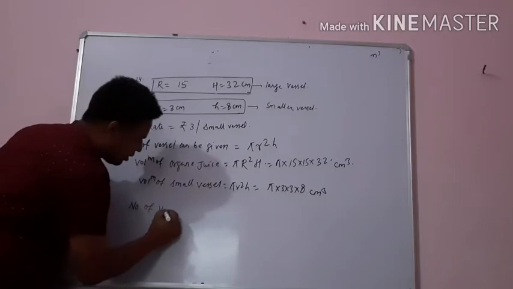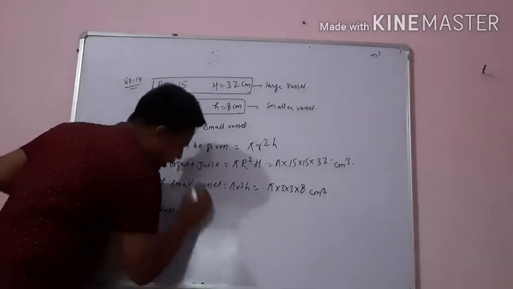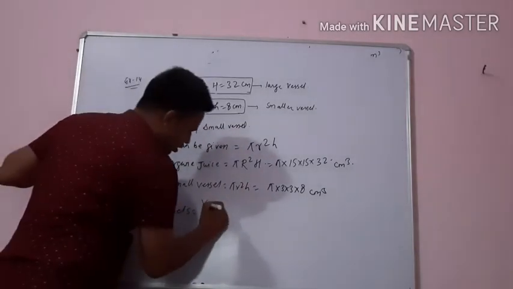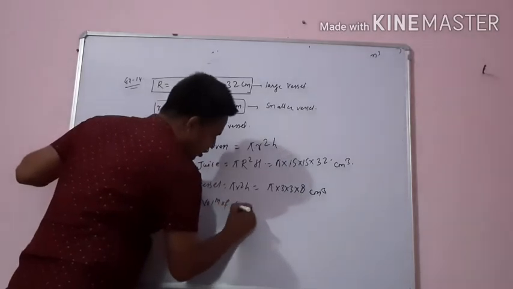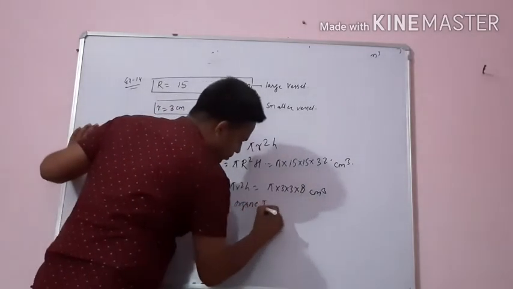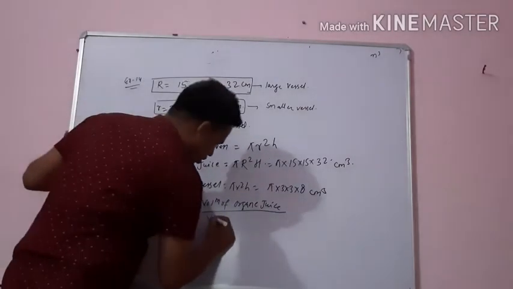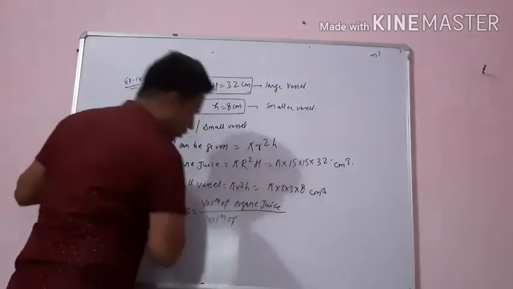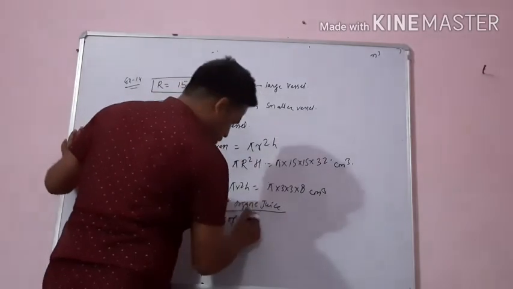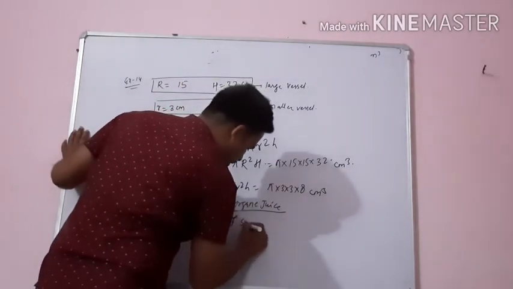Number of vessels will be equal to volume of orange juice upon volume of a small vessel.